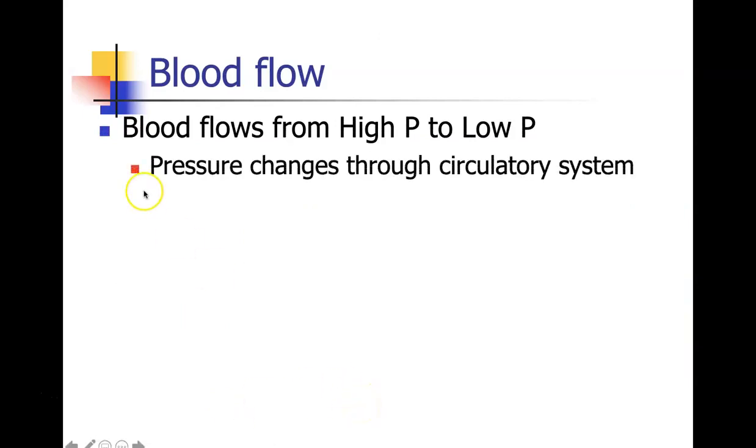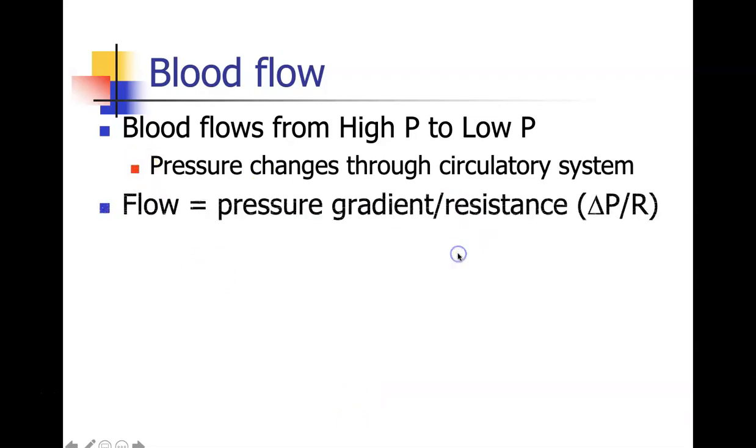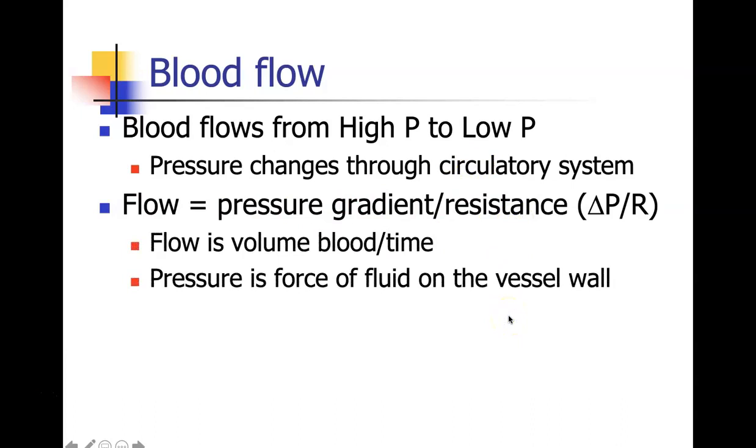So for blood flow, we have to follow these principles of fluid dynamics. Blood flows from high pressure to low pressure, and so pressure changes throughout our circulatory system. Now we got to think about a little bit of physics here. Flow is a function of the pressure gradient divided by the resistance. Flow is volume of blood over time.